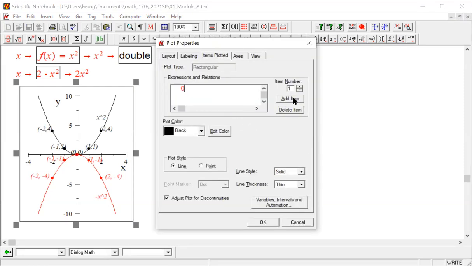Okay, so we're going to do 1 point at a time. 0, 0 stays in the same place. We're going to use green. And -2, 8. -1, 2.